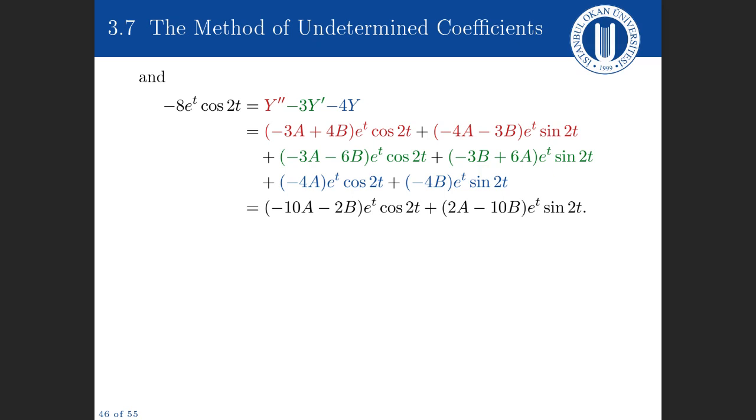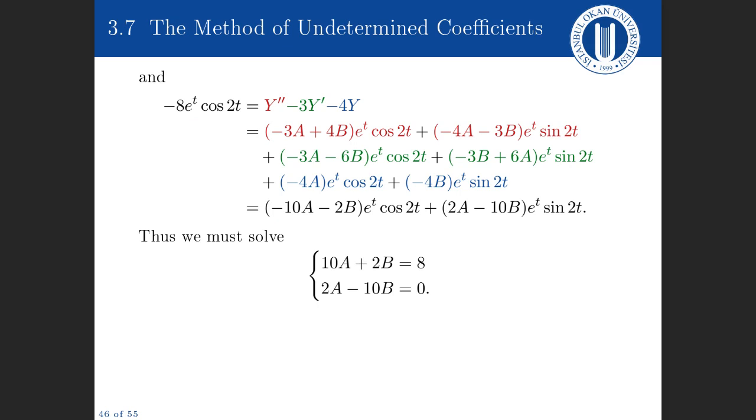We have minus 8 e to the power t cos 2t on the left, and on the right, minus 10a minus 2b e to the power t cos 2t, plus 2a minus 10b e to the power t sine 2t. That gives us a linear system of two equations. 10a plus 2b is equal to 8.